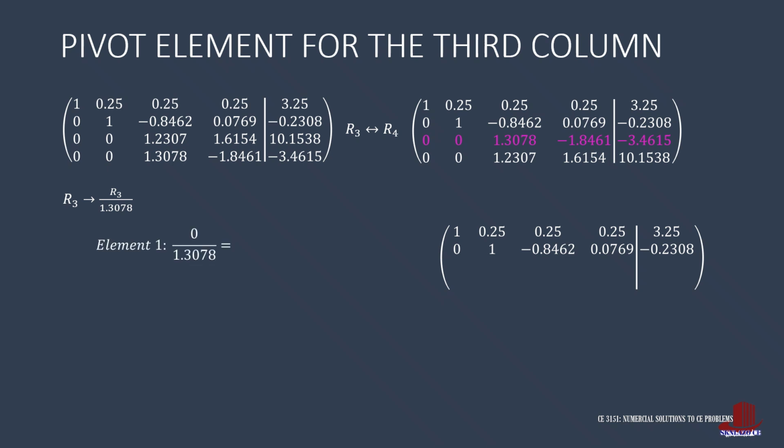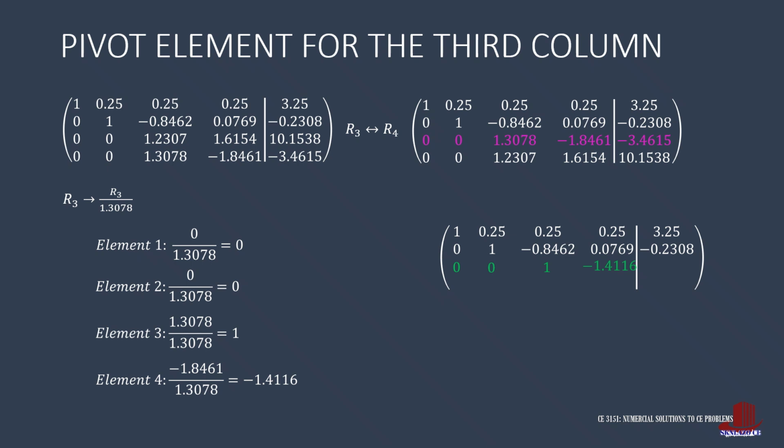The first element is 0 over 1.3078, which is 0. The second element is then the same 0. The third element has 1.3078 upon the same to have 1. The fourth is negative 1.8461 over 1.3078, giving negative 1.4116.